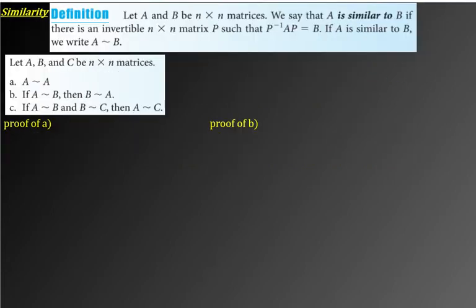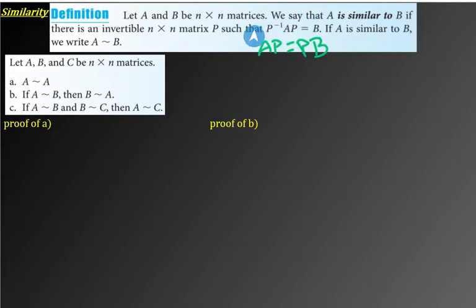So this is the formal definition of similar, which just says that A is similar to B if there is an invertible matrix P such that P inverse AP equals B. And I said it before, but this is the notation for similar. Sometimes you'll see this written as: there's an invertible matrix P such that AP equals PB.